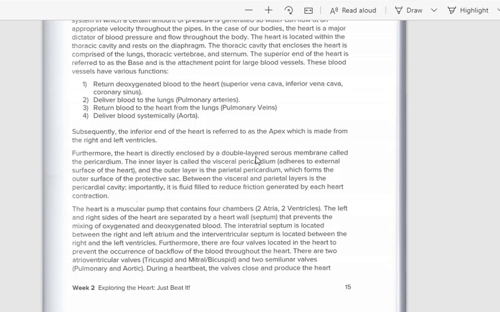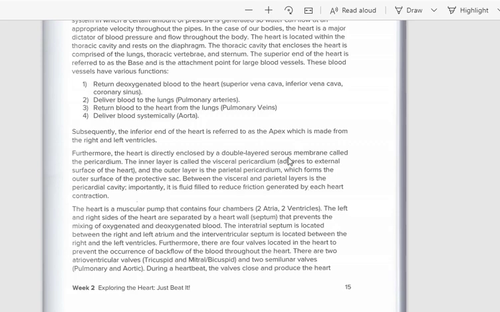You need to know that there is a double-layered serous membrane. That's not serious, like, are you serious about this? It is serous membrane, and that means that it secretes a fluid. And this is good because as your heart is beating, it causes friction. You don't really think about it, but think about the piston in your car.